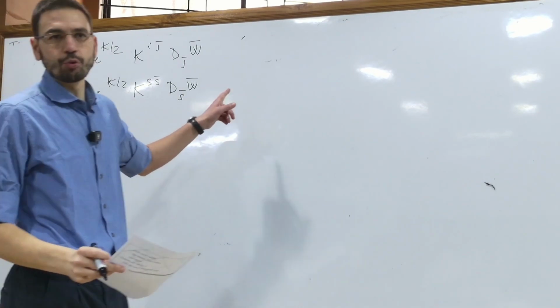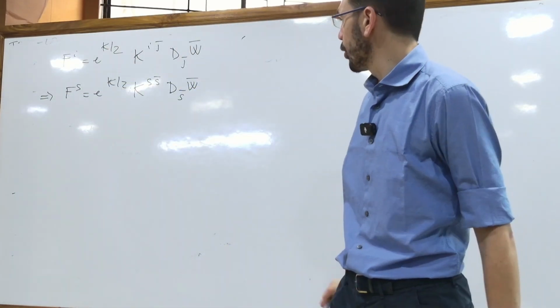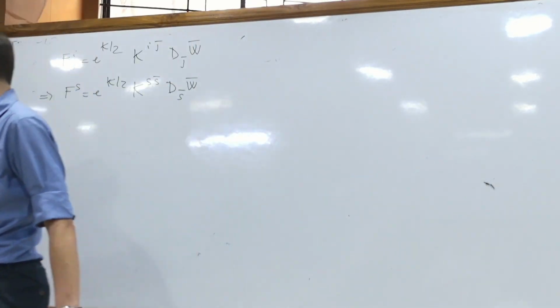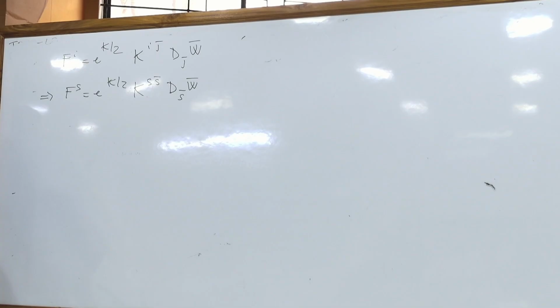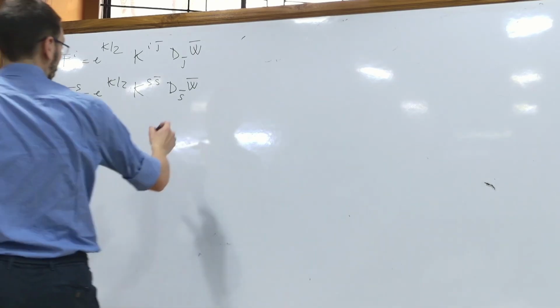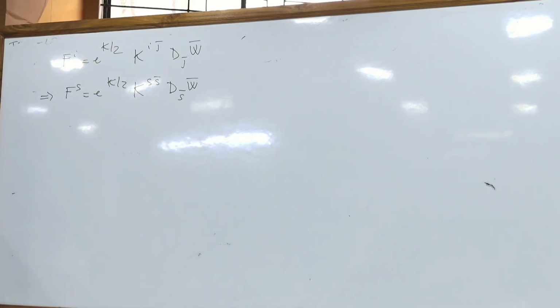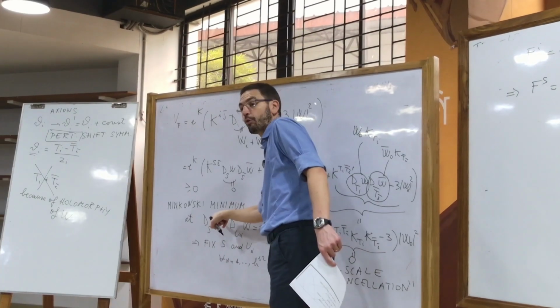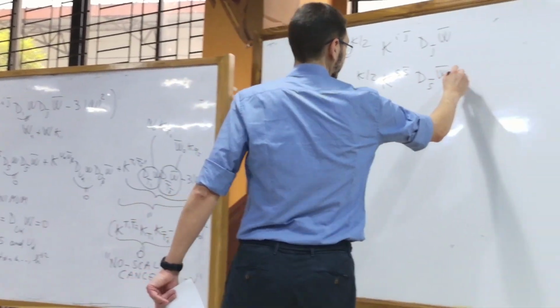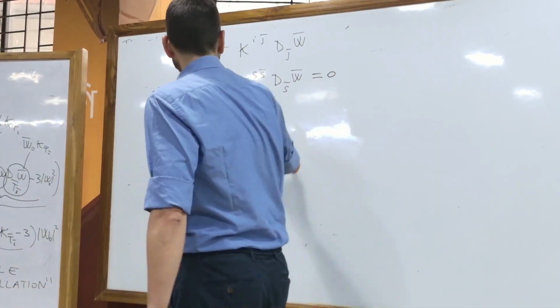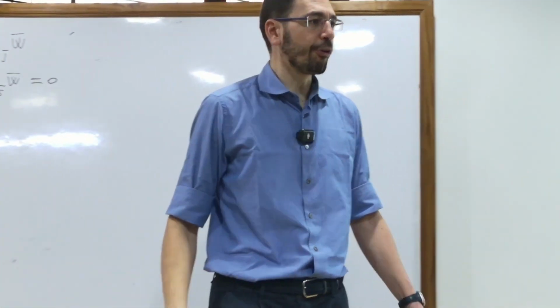So what happens to this quantity now? When I compute it at the minimum, this is equal to 0, right? This is equal to 0 because of the fact that D_S w, but this is the same as D_{\bar{S}} \bar{w}, is equal to 0. So which means that the dilaton does not break supersymmetry.